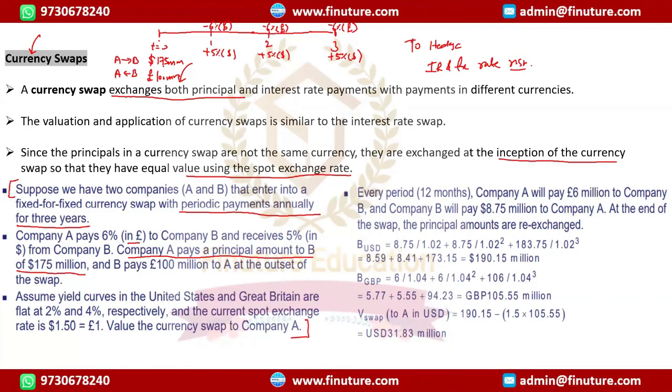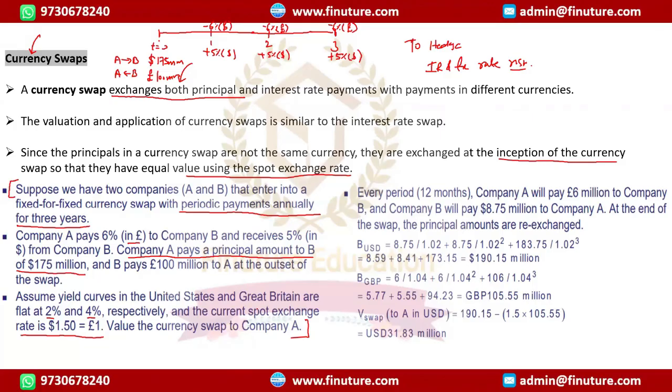They will receive 5% on this. Assume the yield curves in the US and Great Britain are 2% and 4% respectively. So in the US it is 2% and in Britain it's 4%. And the current spot rate is one sterling equals dollar 1.5. Value the cross currency swap to company A.